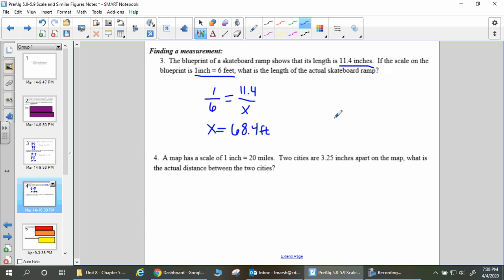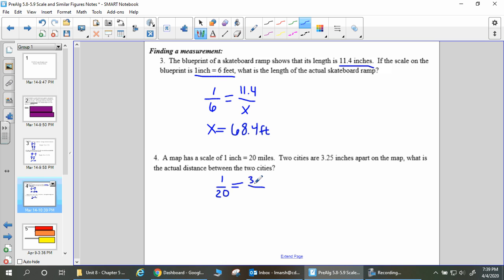I'm going to go through number 4 so that you can see it, and if you did it, you can check your answer. A map has a scale of 1 inch equals 20 miles. 2 cities are 3.25 inches apart on the map. What is the actual distance between the 2 cities? So again, I'm going to take the scale, 1 inch, 20 miles, equals my new fraction, 3.25 inches.